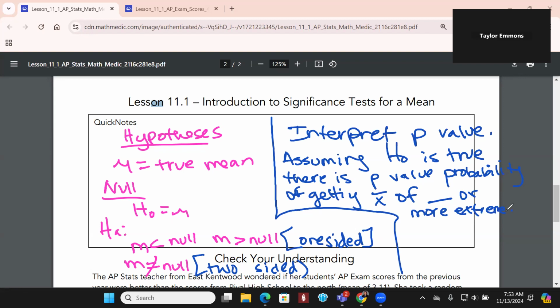When we put more extreme, that means less than or greater than, depending on the scenario. Everybody get that? So when we say more extreme, it's either one or the other. Purely by chance.